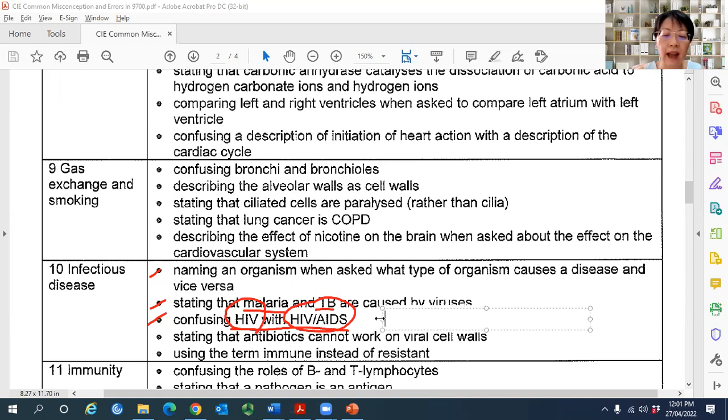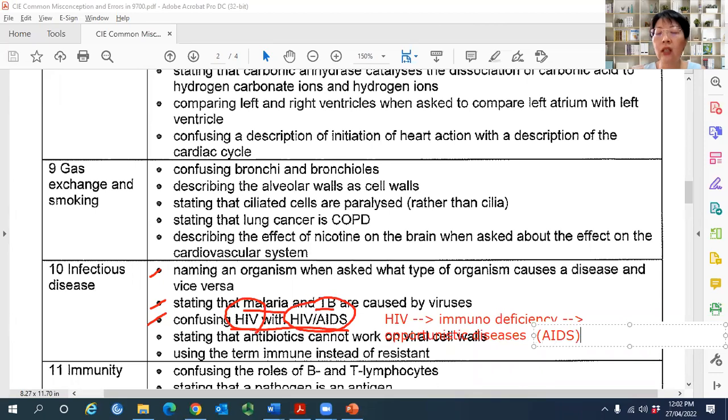HIV leads to immunodeficiency, which eventually leads to a lot of opportunistic diseases. This group of opportunistic diseases is called AIDS. So is this infectious? Not necessarily.